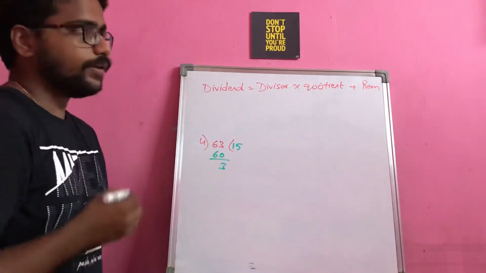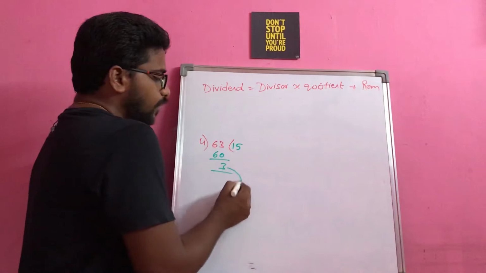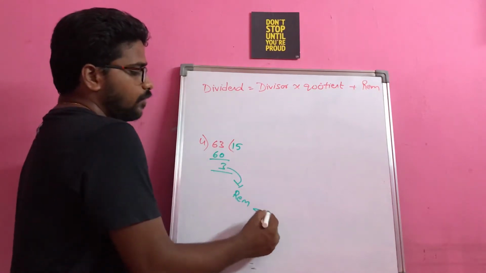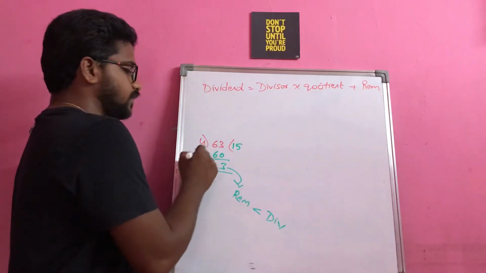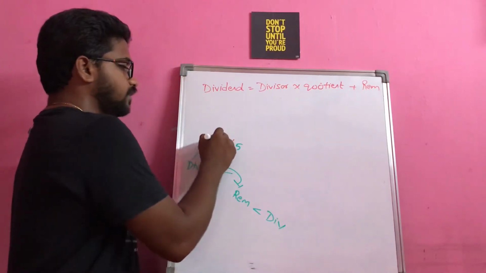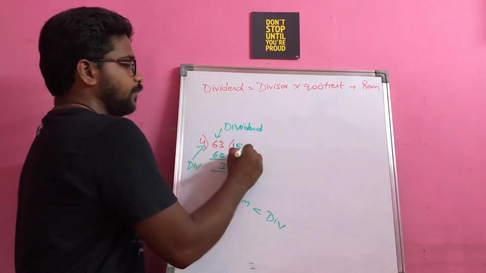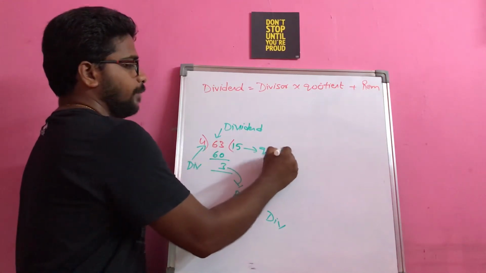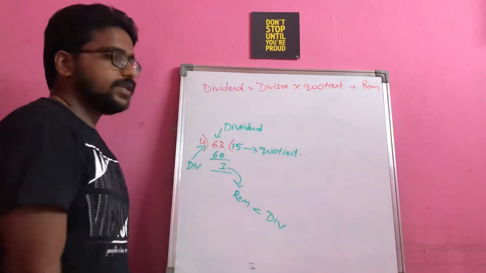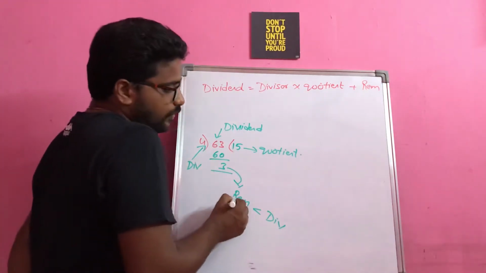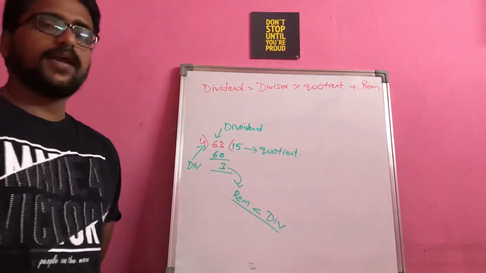So you just observe here, whatever remainder you get is always less than the divisor. This is the divisor, this is the dividend, and as you are aware, this is the quotient.